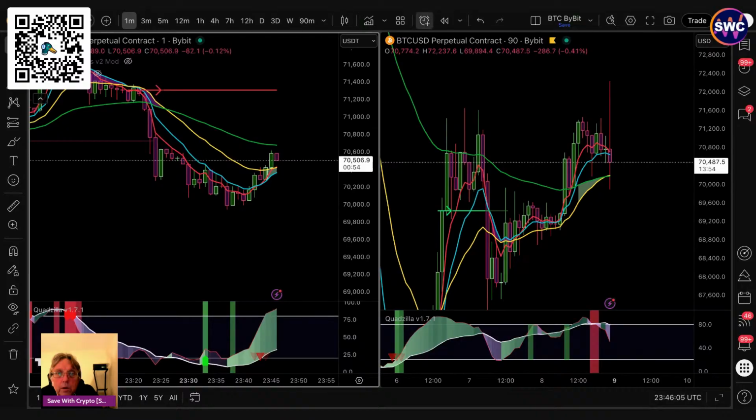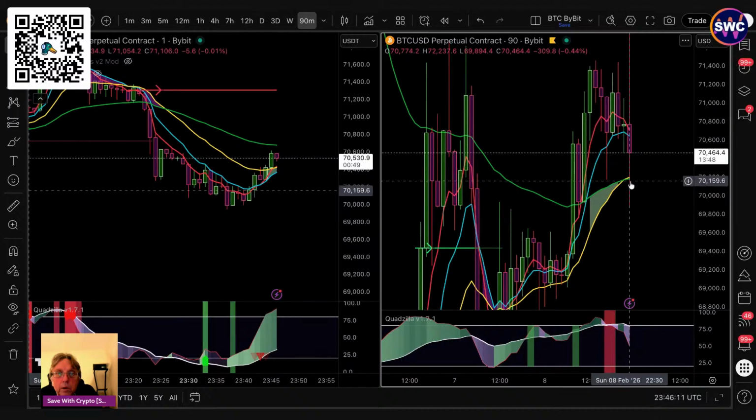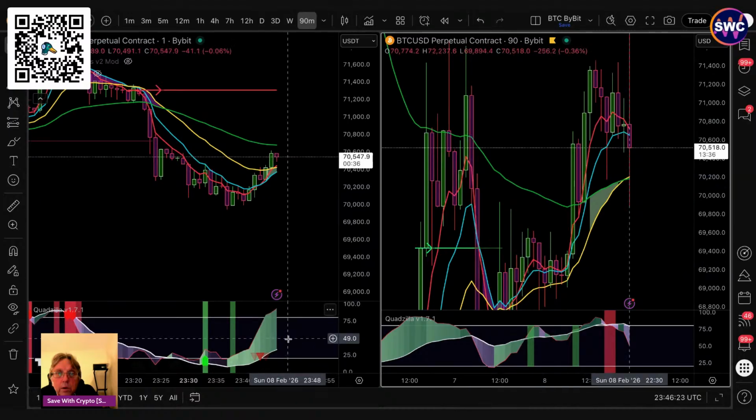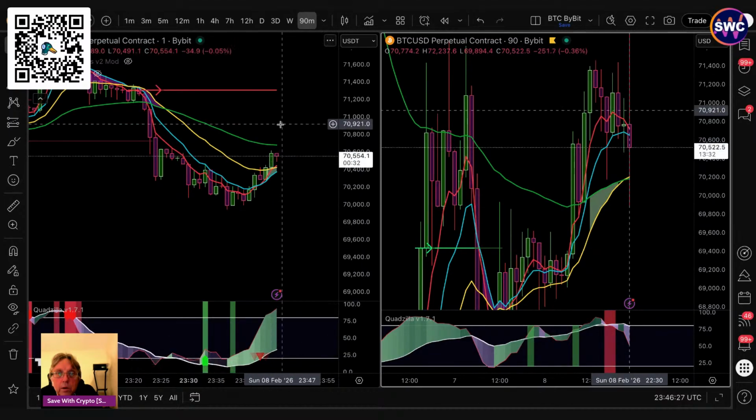Right, so because that's gone up a little bit there, this cross here looks like it might work out. The trend shield stopped appearing down there, which means that's free to go up now.